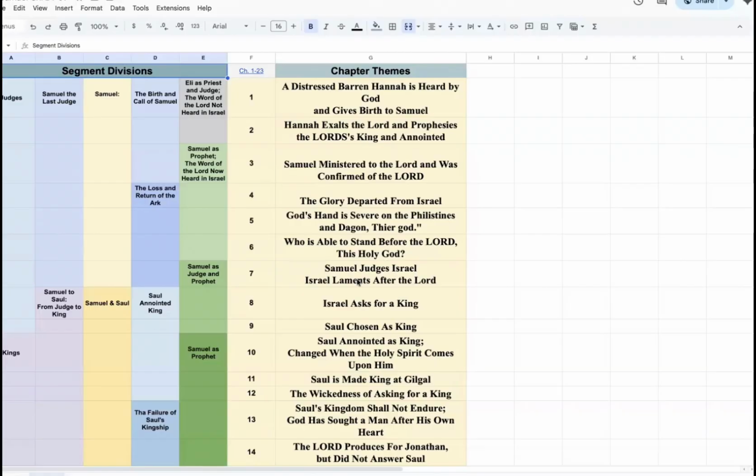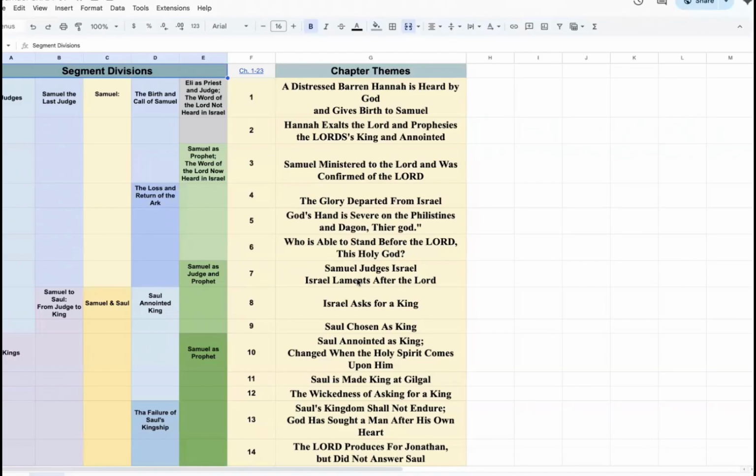Those chapters catalog that picture and pattern, and the 40 years of wandering in the desert, and by the end of it, we're ready to get out of the desert to the promised land, and that's Joshua.